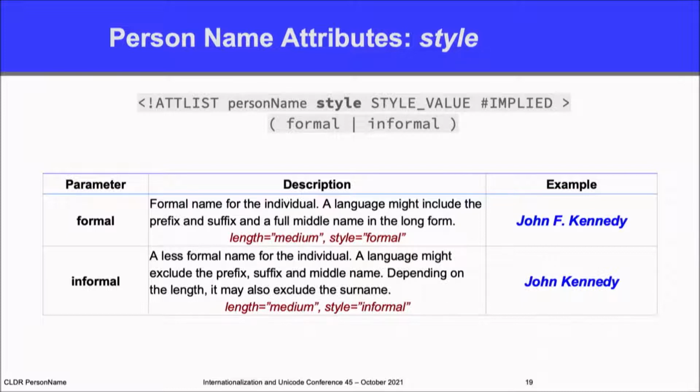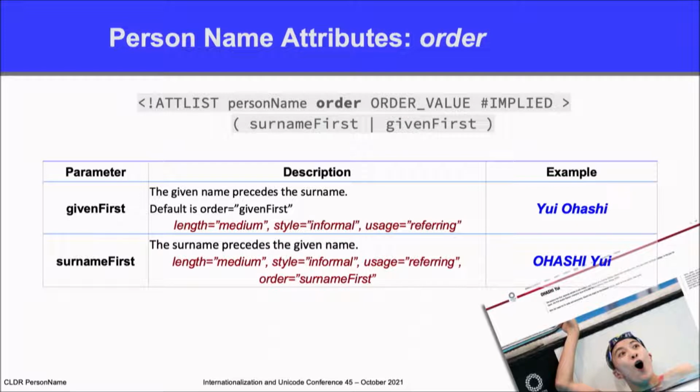But with these two different attributes, you have a large number of combinations that would then be available to make it more straightforward for your application to choose: oh, I am generating a diploma for somebody, I want to use a formal style. Oh, I am talking in a friendly tone of voice to an individual in a notification, I want to use an informal style, and be able to use the permutations of the other attributes along with it.